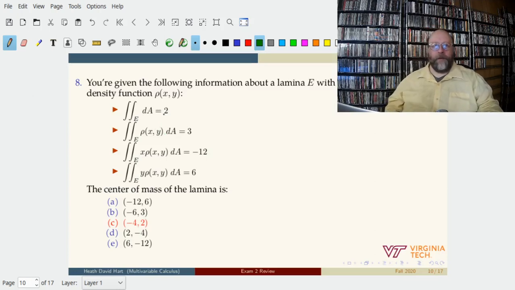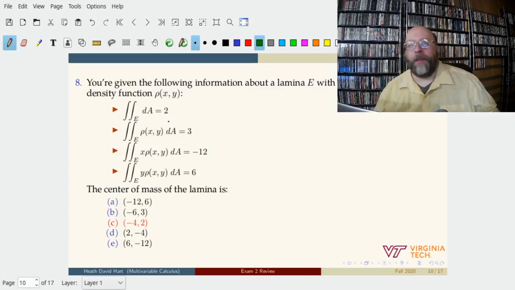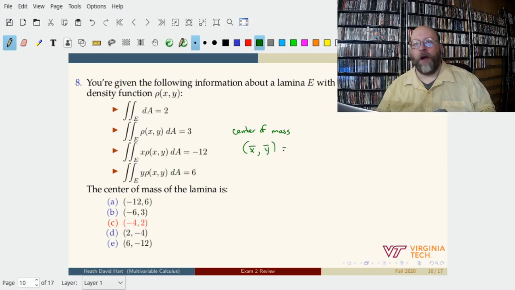All right. We're given this information about the lamina, and we want to find the center of mass for the lamina. So the center of mass, which our book notates as the point x-bar, y-bar, is the point. The notation is confusing here. It's My over m and Mx over m.